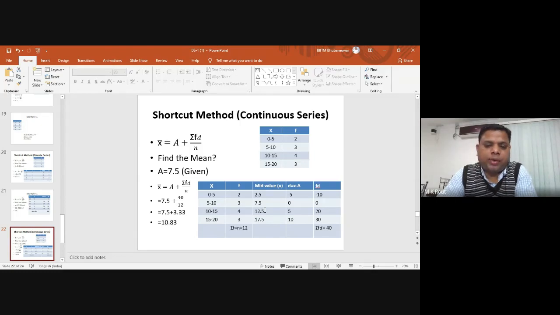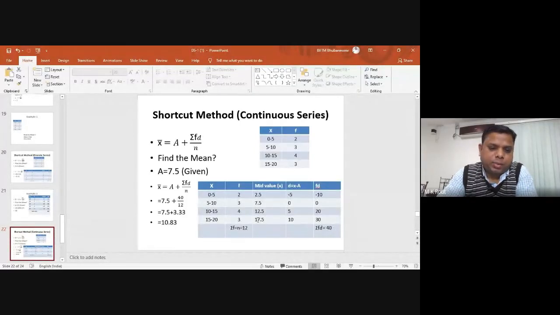Now calculate f into d, that means 2 into minus 5 equals minus 10. For the second row, 3 into 0 equals 0. For the third row, 4 into 5 equals 20. For the fourth row, 3 into 10 equals 30. Similarly, the summation of fd equals 40, that means 50 minus 10 equals 40.